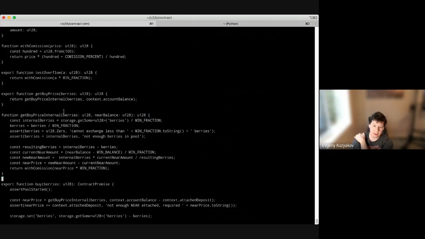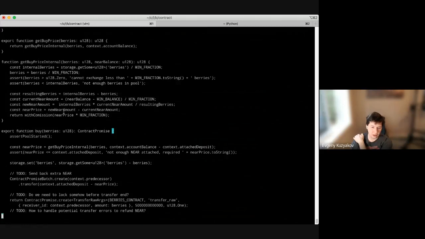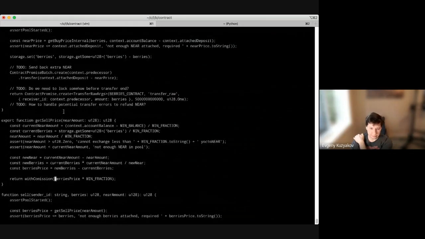The problem is I don't really need bananas, so I go to get sell price and I say I want all the NEAR. So then the new NEAR balance became 1, and new berries becomes a very large product, then berry price is computed, and this commission is called for the number that I want, which will overflow again.